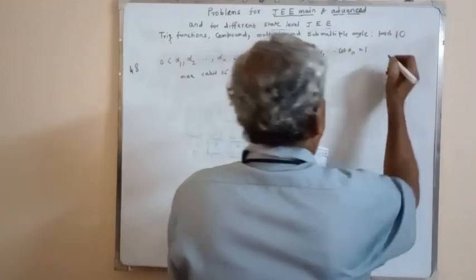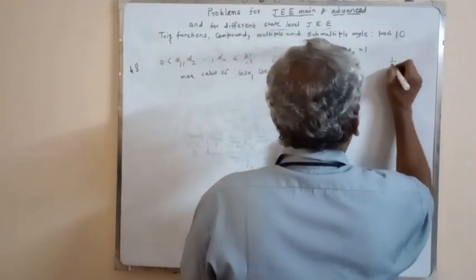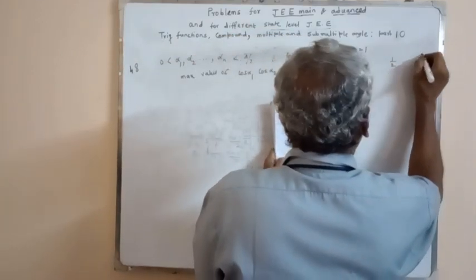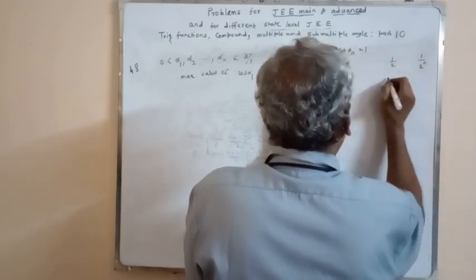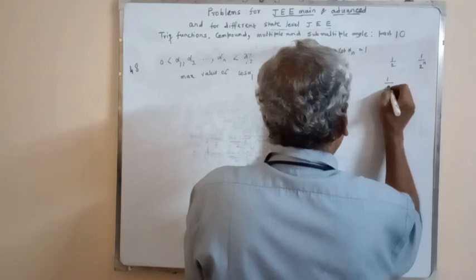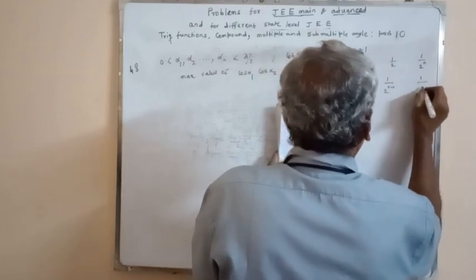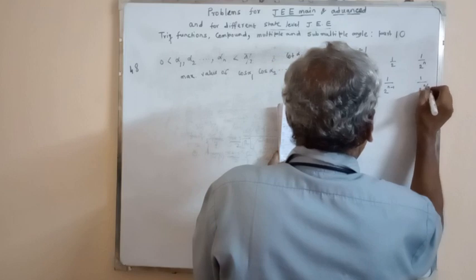Options: half, 1 by 2 to the power n, 1 by 2 to the power n minus 1, 1 by 2 to the power n by 2.